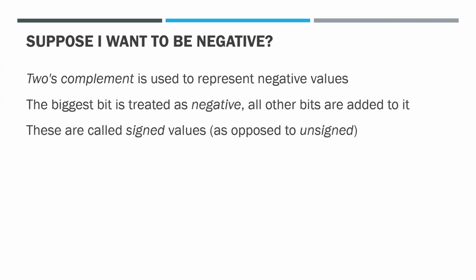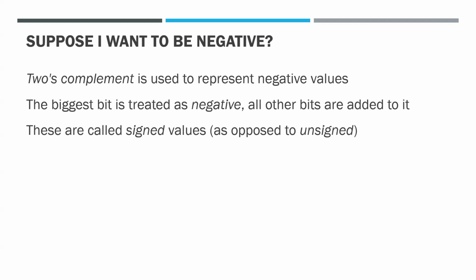The way 2's complement notation encodes negative values is to treat the first digit, the biggest digit, as a negative value. All of the other bits that follow are positive, and they are added to that negative value in order to create a range of numbers from negative to positive.